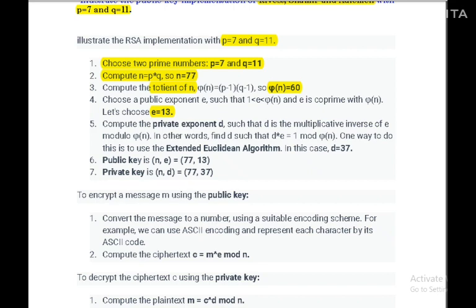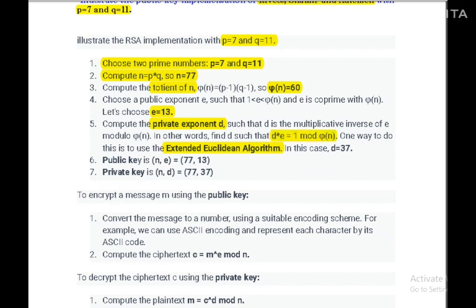In the next step we have to calculate the private exponent d. We calculate this using the extended Euclidean algorithm, and the equation for calculating this is here.